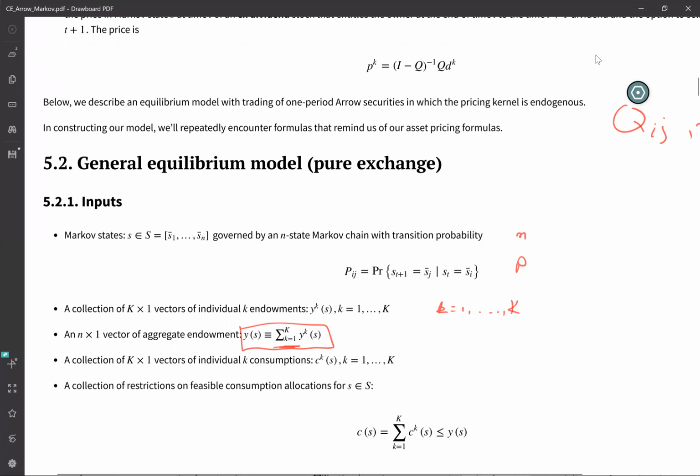And we're going to have a collection of consumptions to person k in state s. So k goes from 1 to K, and s belongs to this set 1 through n, those Markov states.